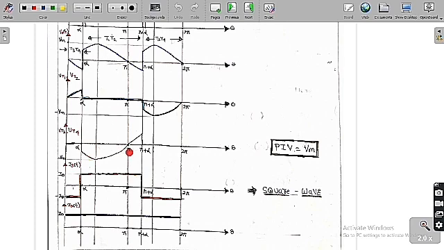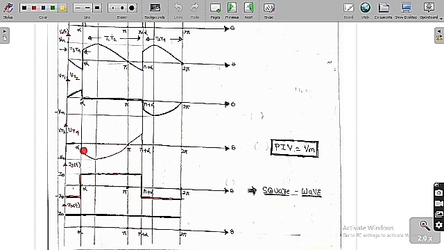Whereas from alpha to pi plus alpha, T1 and T2 are triggered, they are in the on position. Whenever they are on, if you apply KVL, we get Vt3 equal to Vt4 equal to minus Vs of t.